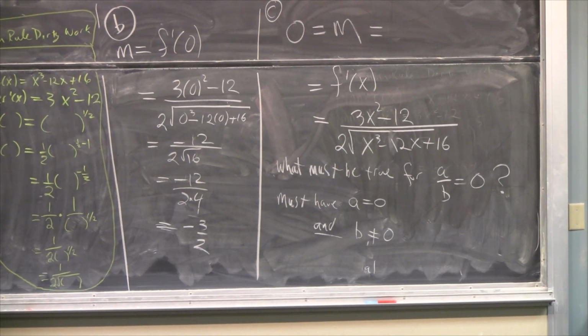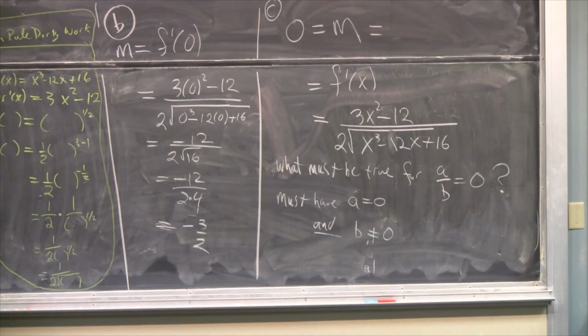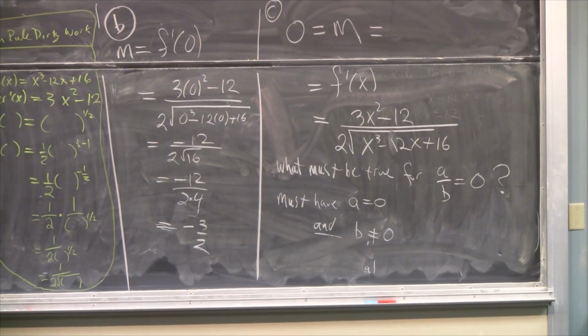So when x equals minus 2, the denominator equals 2 times the square root of minus 2 cubed minus 12 times minus 2 plus 16.